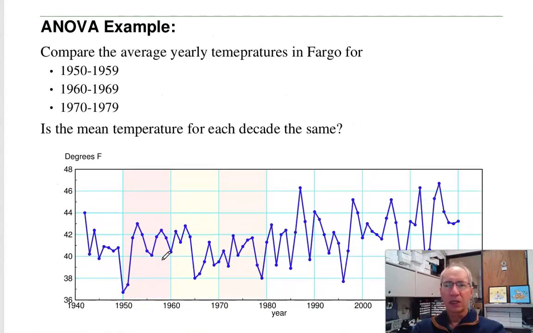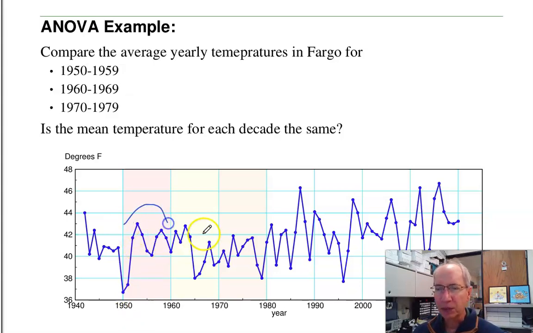So let's have some fun with analysis of variance. If you go to Hector Airport, data's also on Bison Academy, it's got the average temperature in Fargo since 1942. And here's what it looks like. Let's do analysis of variance to compare the 50s versus the 60s versus the 70s.